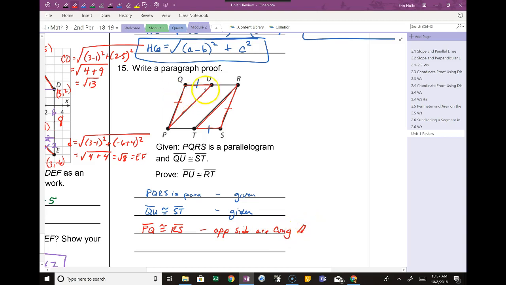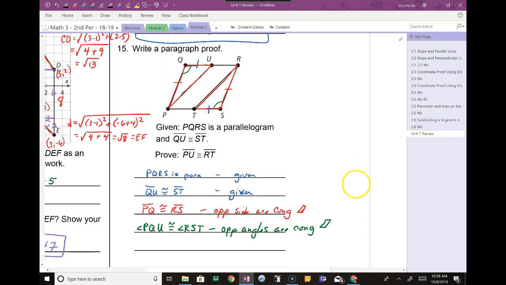Okay, so now I can also say that the angles that are opposite, so Q and S, so to be very specific, I want angle PQU to be congruent to angle RST, and I can say basically the same as the above statement, only opposite angles are congruent in a parallelogram.